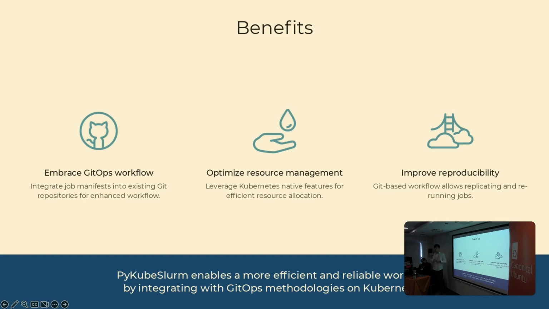by integrating Git workflows with Kubernetes, you can better manage your resources. You can take advantage of Git versioning to do better knowledge management for your research, for your product development, and such.